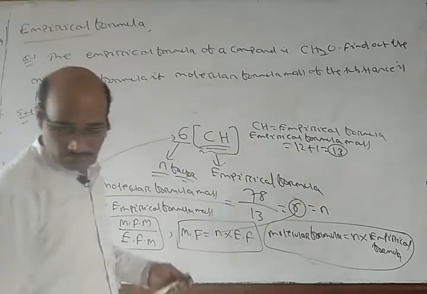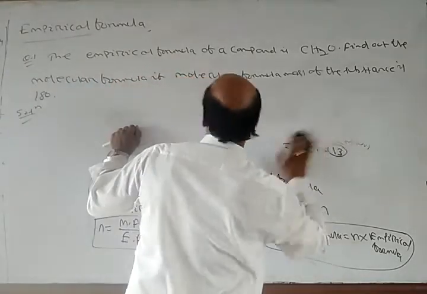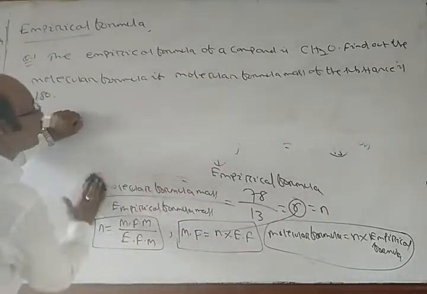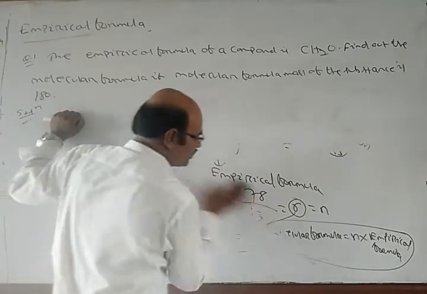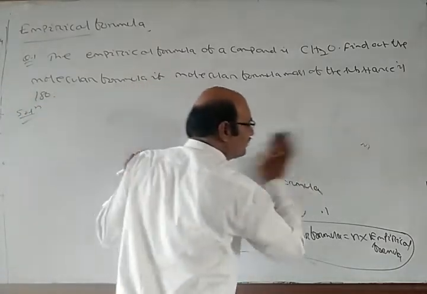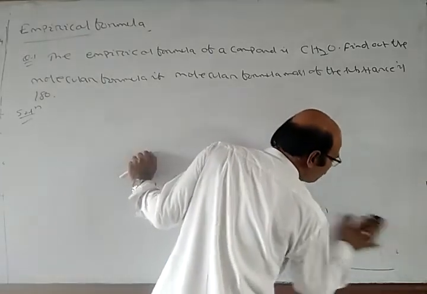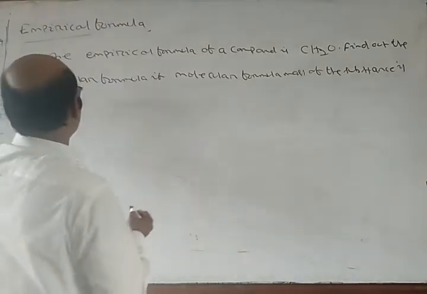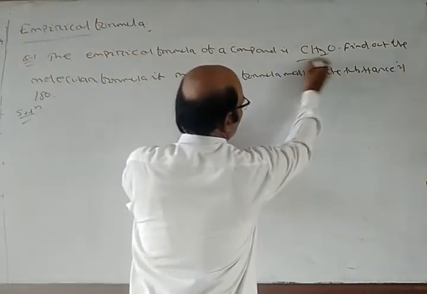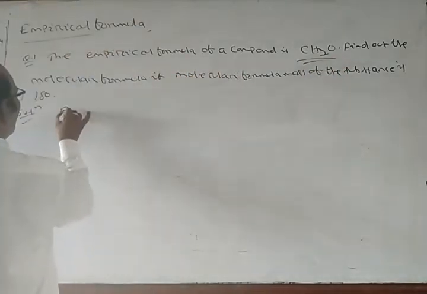Now see, what is given here? The empirical formula of a compound is CH2O. So if the empirical formula is given, the empirical formula mass is also given, because from the formula you can determine the mass, right? So empirical formula is CH2O.